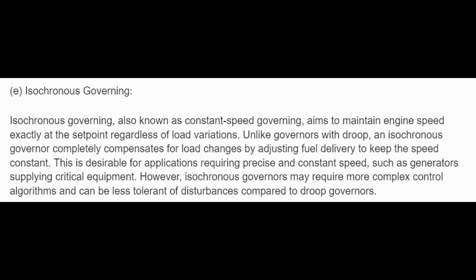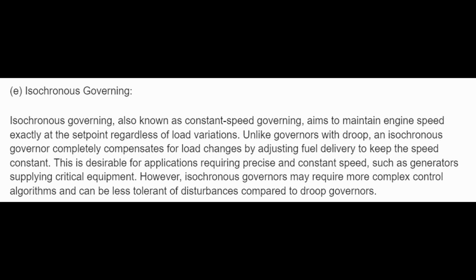E. Isochronous governing. Isochronous governing, also known as constant speed governing, aims to maintain engine speed exactly at the set point, regardless of load variations. Unlike governors with droop, an isochronous governor completely compensates for load changes by adjusting fuel delivery to keep the speed constant.